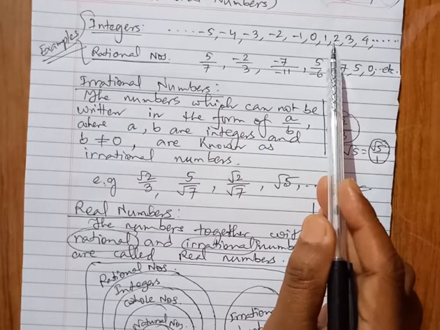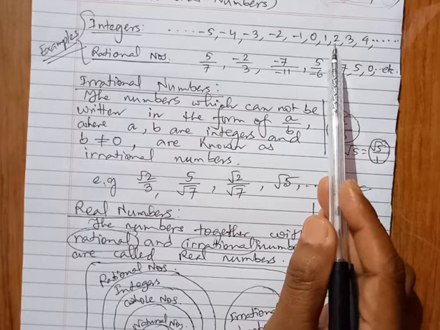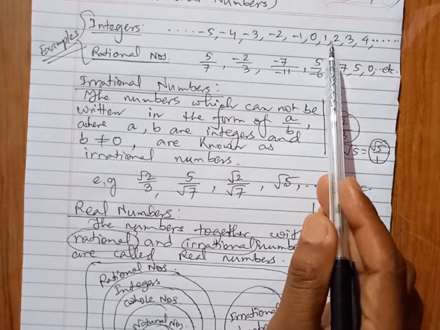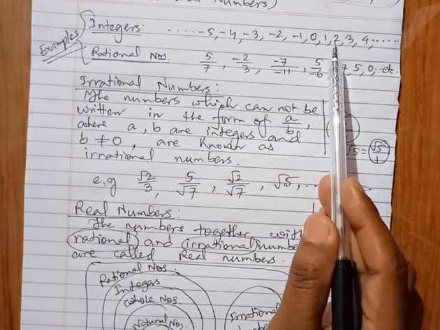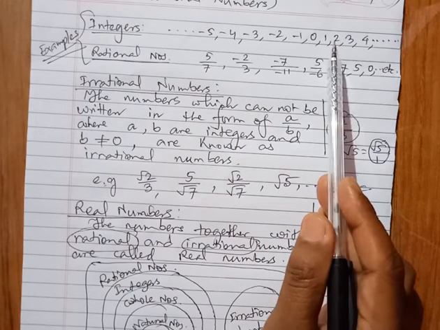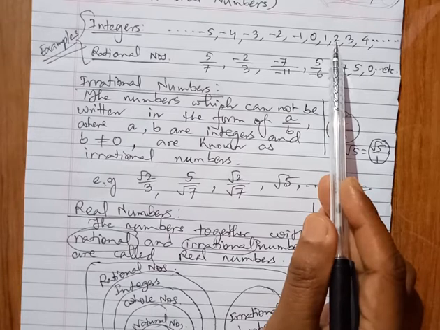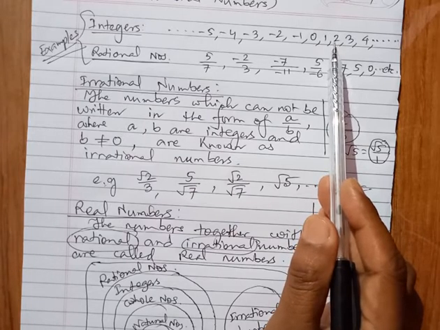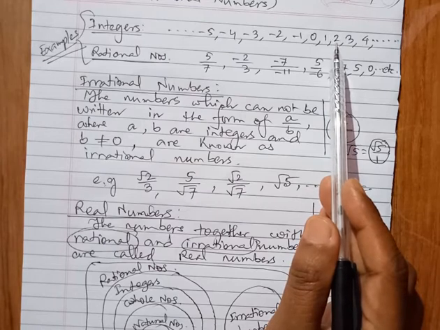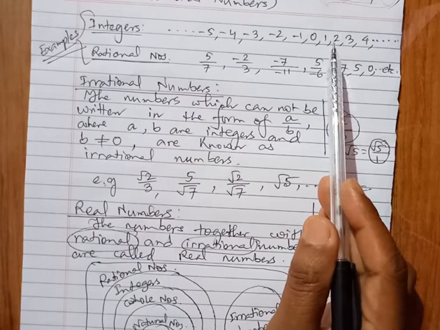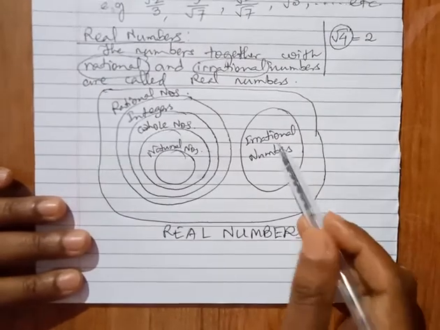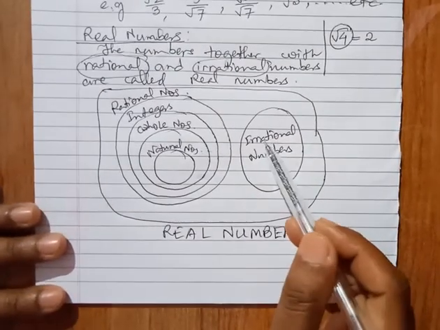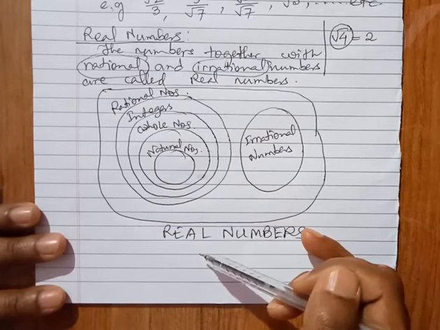This is a natural number, this is a whole number, this is an integer, this is rational also, and this is a real number also. But this 2 is not an irrational number, because this 2 is not containing the root sign. So every real number cannot be irrational, but every irrational number is a real number, because all the irrational numbers are contained in real numbers.